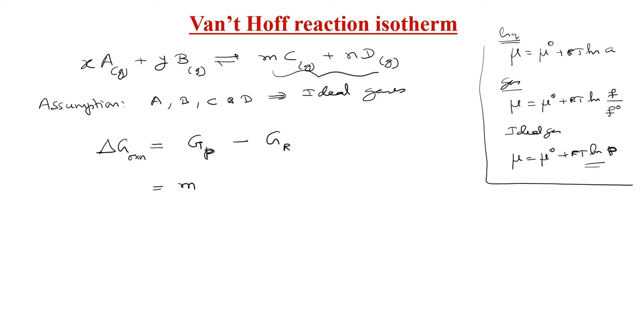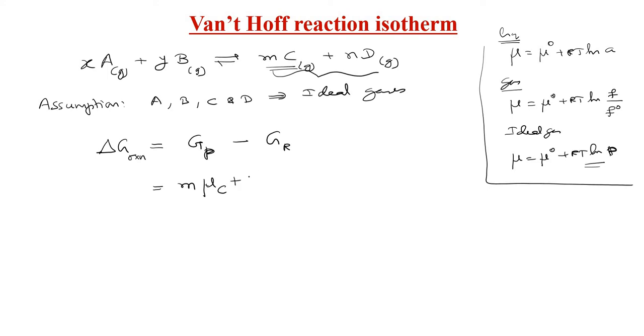We have products C and D. The first product, C, has stoichiometric number M, so M into chemical potential of the product C, where mu C is nothing but molar Gibbs free energy. Molar Gibbs free energy into M will give you total Gibbs free energy.